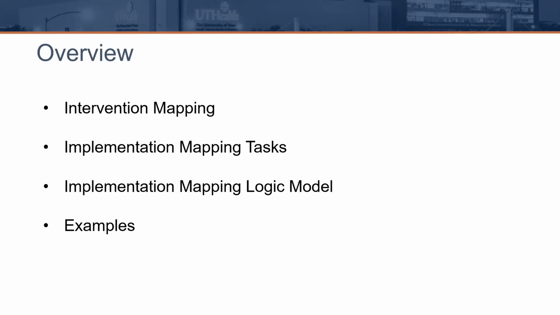Now, when you plan implementation strategies, you usually want to evaluate them. And I want to situate this topic within the broader topic of implementation science and implementation research. People use implementation mapping to plan implementation strategies even when they're not planning on doing research related to those implementation strategies.